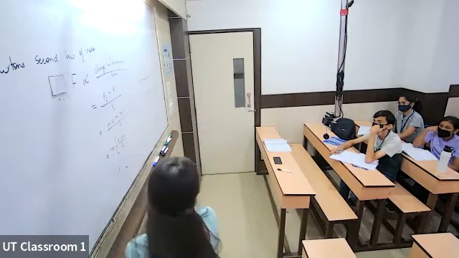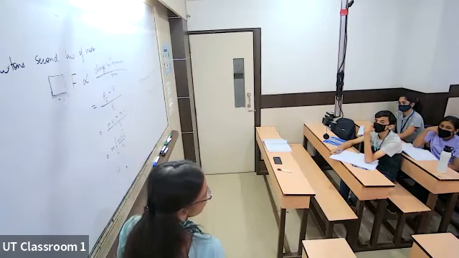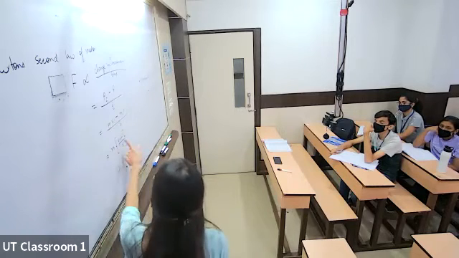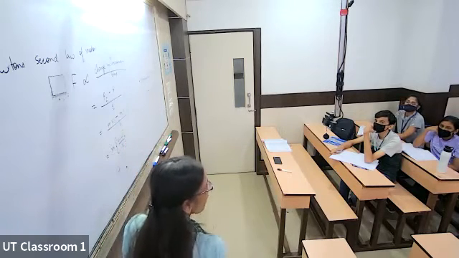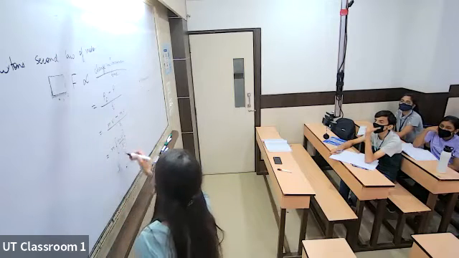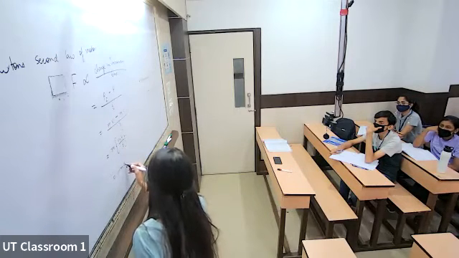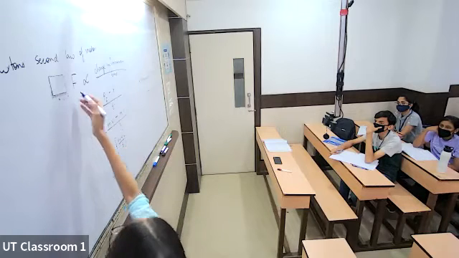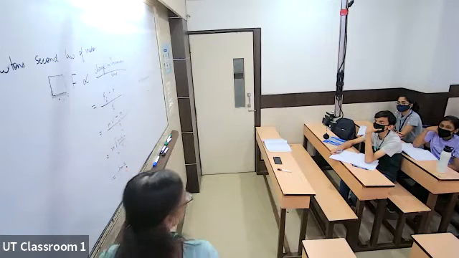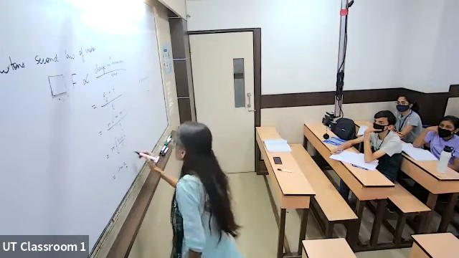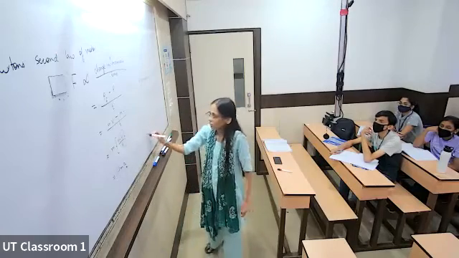You know what this is, right? What is it? Velocity. Change in velocity upon time means what? Acceleration. So I can substitute this as acceleration. So I see that external force is equal to mass into acceleration. This is a very important derivation.